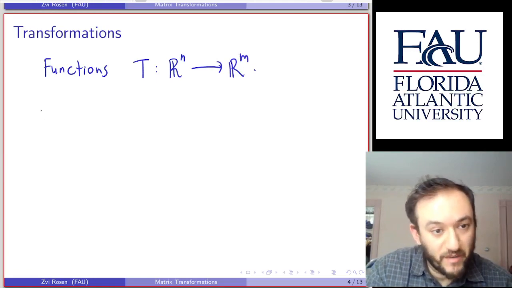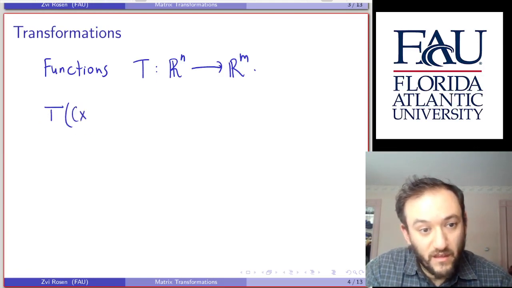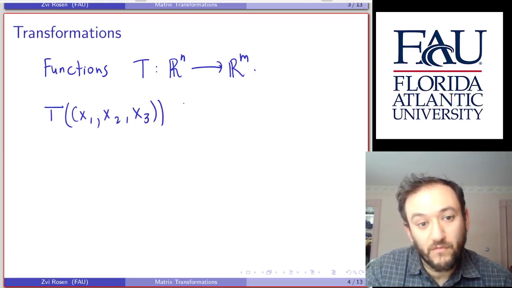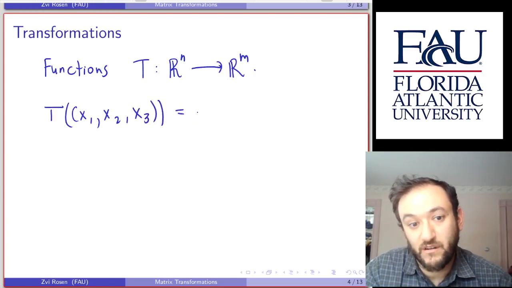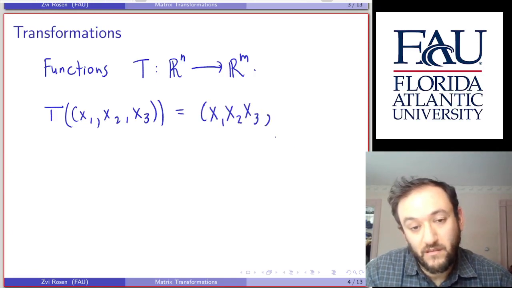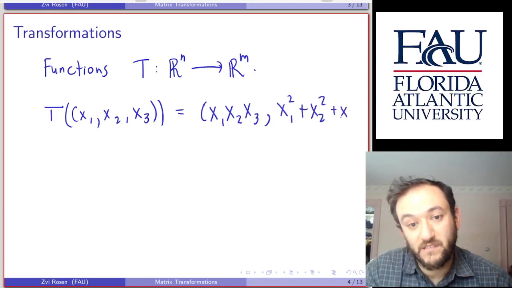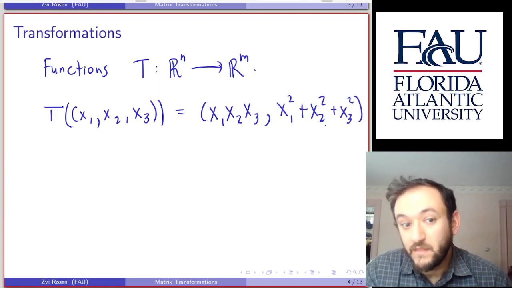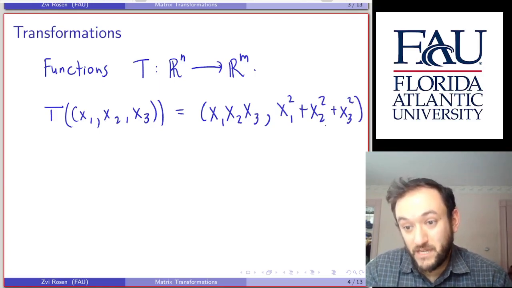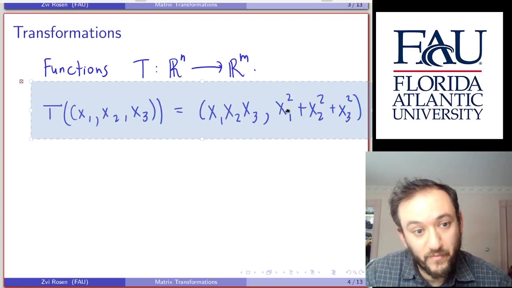And an example of that might be T evaluated at the vector x1, x2, x3 goes to a vector x1, x2, x3, and x1 squared plus x2 squared plus x3 squared. Okay? This would be an example of a transformation because it's a function mapping one vector space to another.